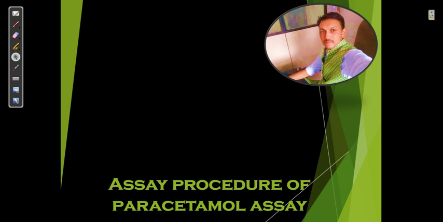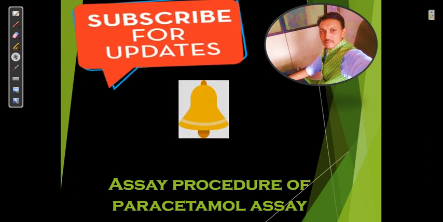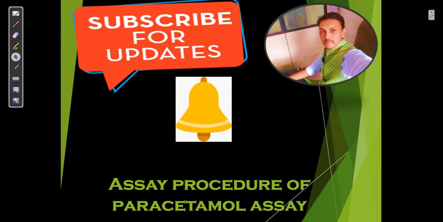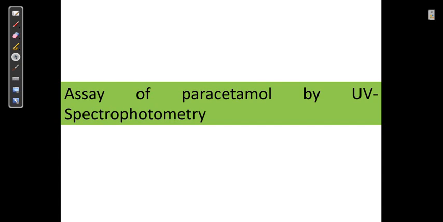Today we are going to discuss the assay procedure, calculation, and how to write the result for the paracetamol assay according to IP'96. Let us say that this is the title of the topic: Assay of Paracetamol by UV Spectrophotometry.